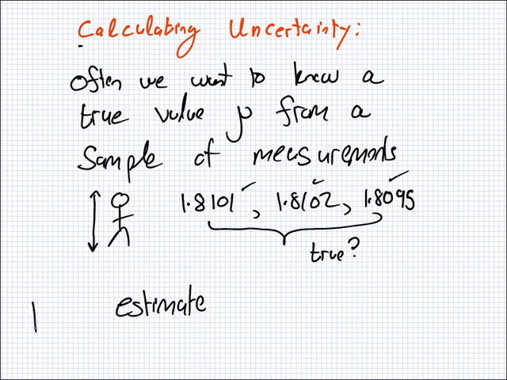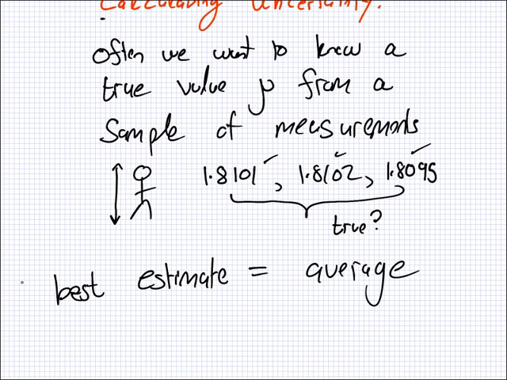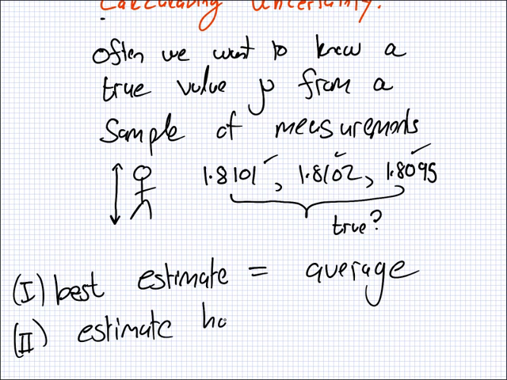So the best estimate is equal to the average. Okay? That's one thing. And then the second thing is that the estimate has an error. So is the average going to be exactly right? No. It'd be nice if it was, but it's not. And we call that error the uncertainty. Yeah? That's called the uncertainty, U.